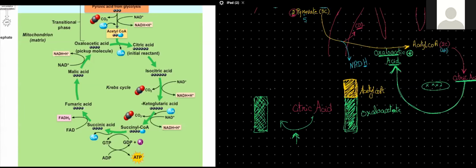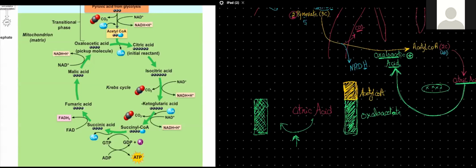Anybody didn't get this idea? So citric acid is what? Both acetyl-CoA and oxaloacetate. When you are passing through the chemical reactions, the citric acid, you see on here, will become oxaloacetate another time.